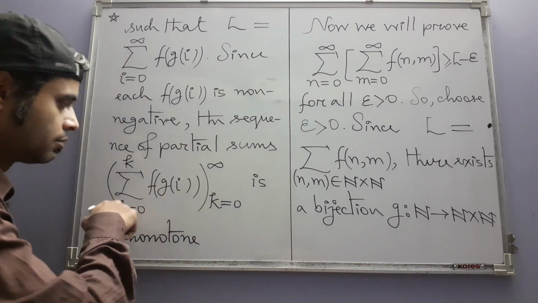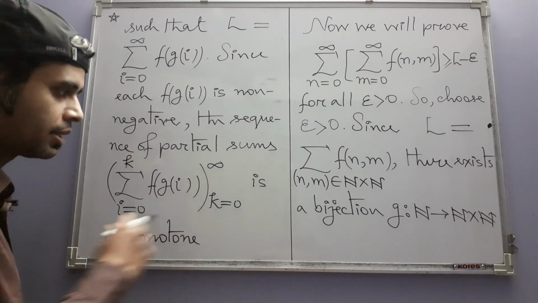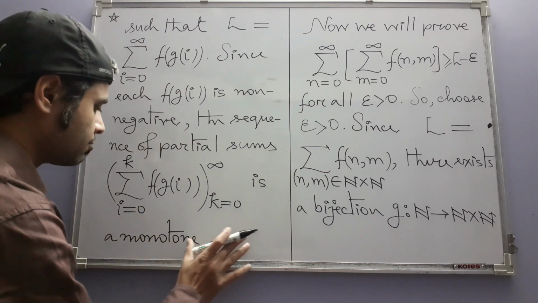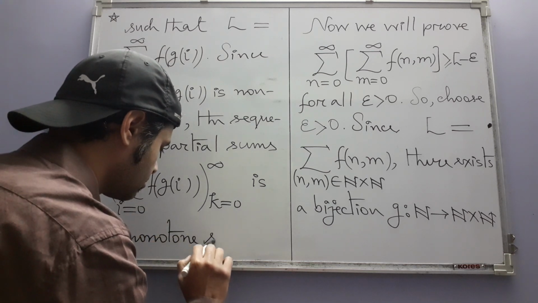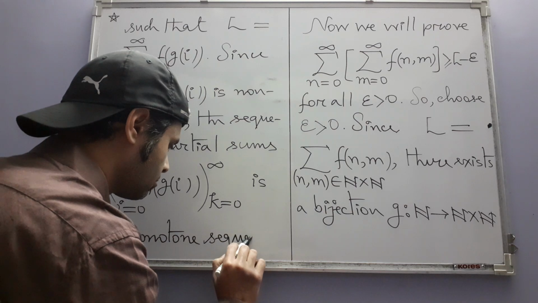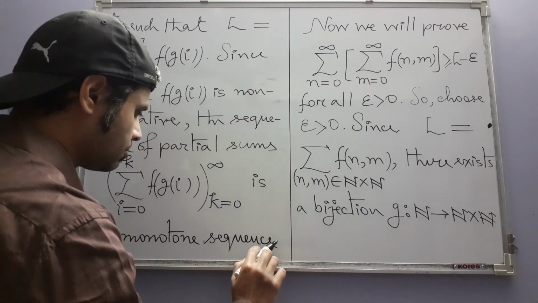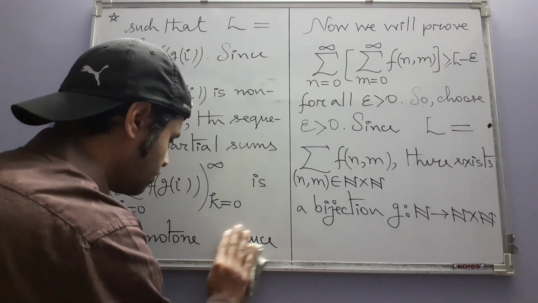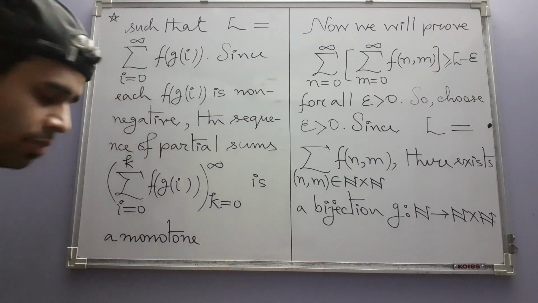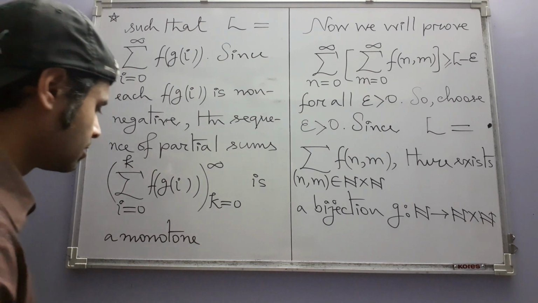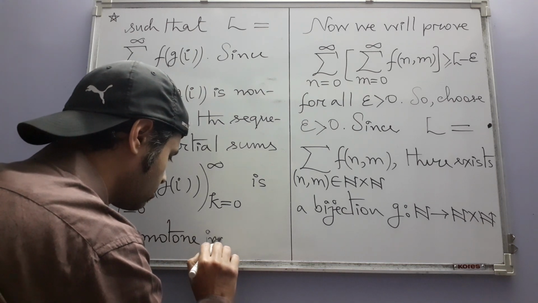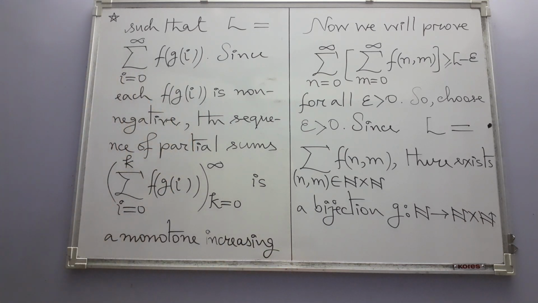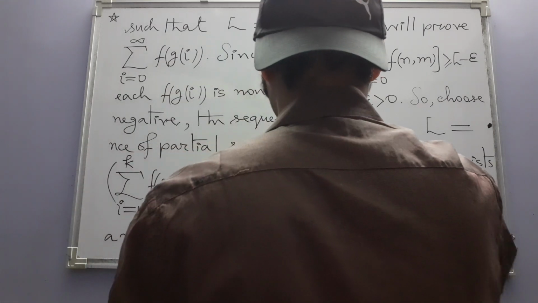Again, see that monotone bounded sequence, that thing keeps coming. Or oh, I cannot say bounded sequence, but monotone sequence. I should mention that it's increasing. If you say simply monotone sequence, it may either be an increasing sequence or decreasing sequence. Monotone increasing sequence.